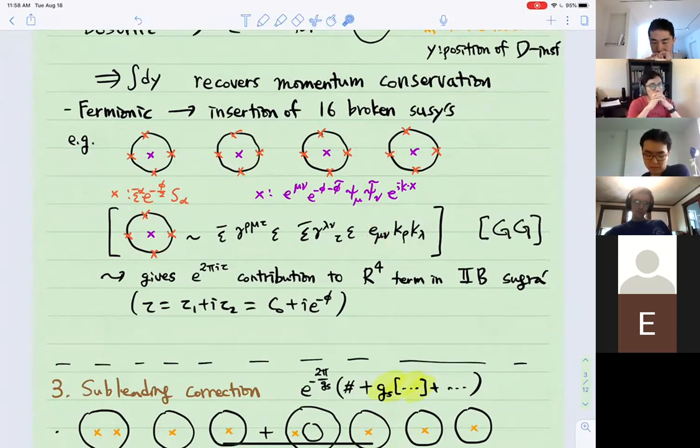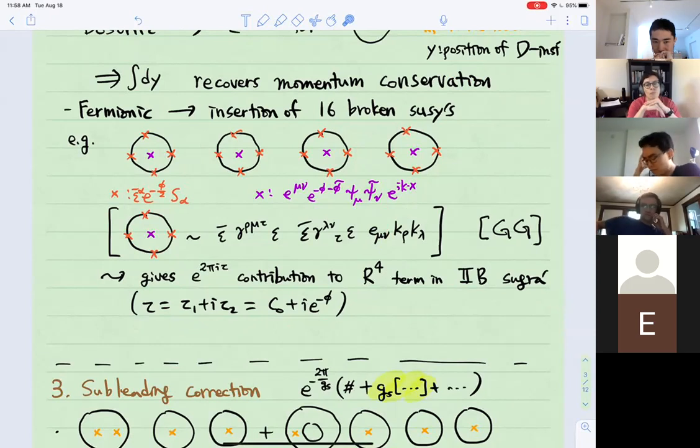And this basically gives an e to the 2 pi i tau type contribution to the R to the 4th term in type IIB sugra, where tau, if you forgot, is the combination of the axion and dilaton. But as you can notice here, this doesn't have any higher momentum expansion, meaning that this really stops at the R to the fourth term.